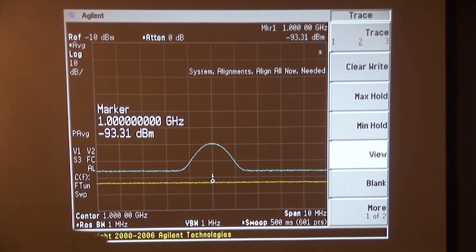For the baseline state, I'll do that with the signal on. Okay, baseline state, signal on. Back to trace 1, and they say guys can't multitask. There we go. Save, view. There we go. So there's our first signal, barely coming up out of the spectrum analyzer noise. Here's the same signal coming 16 dB out of the low noise amplifier noise.